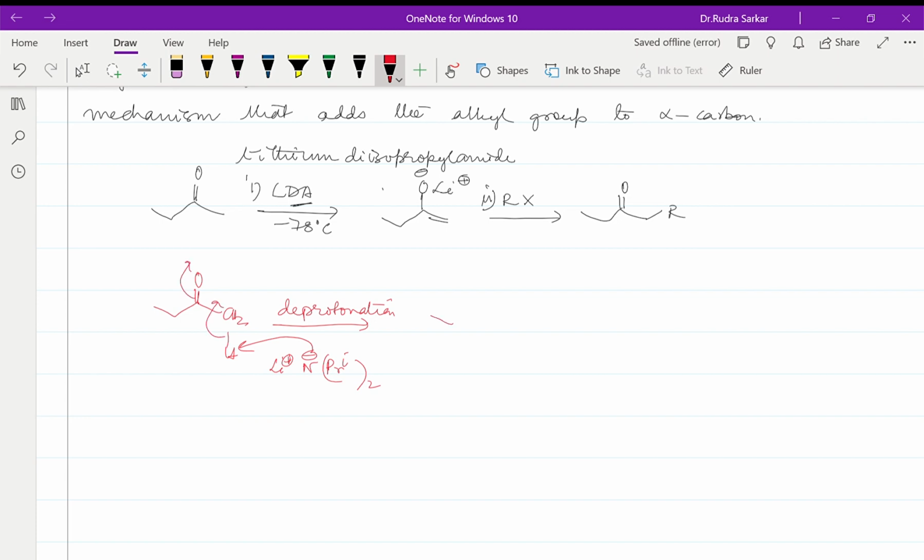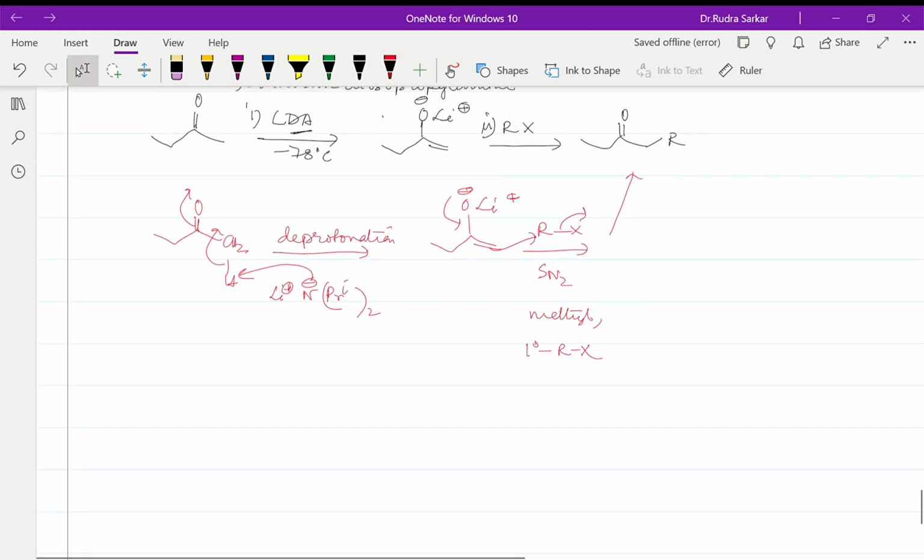This C=O double bond opens up, leads to the formation of the lithium enolate, which then makes an SN2 type nucleophilic attack on the methyl or a 1-degree alkyl halide and leads to the formation of our desired target material.